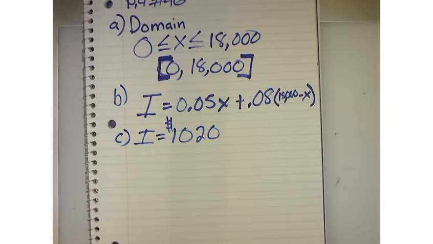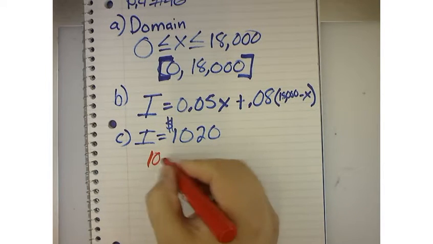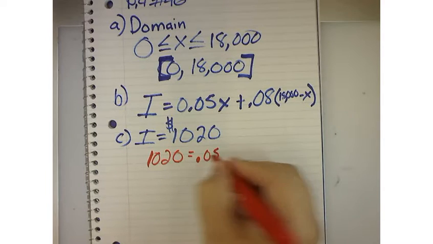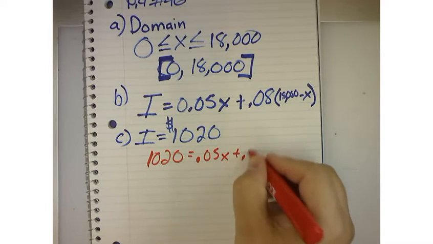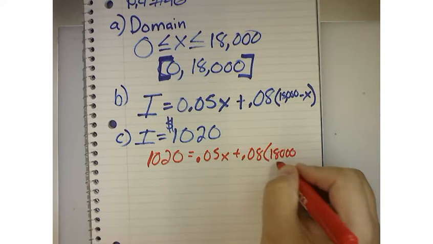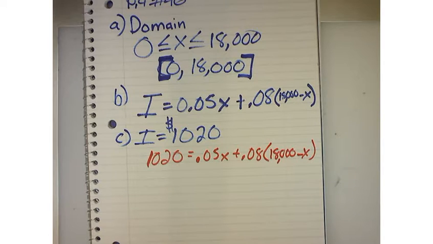In other words, what question C is really asking us is, what do we plug in for X to make this statement true? How do I find that on our graphing calculator?